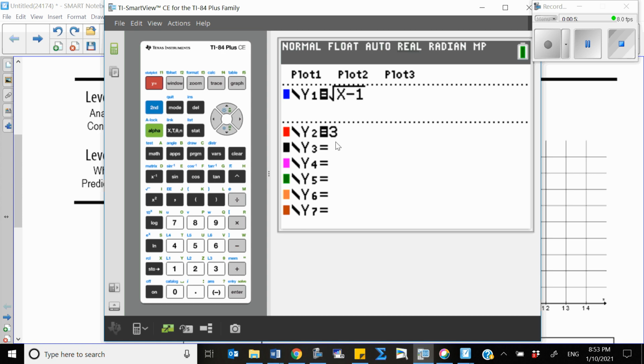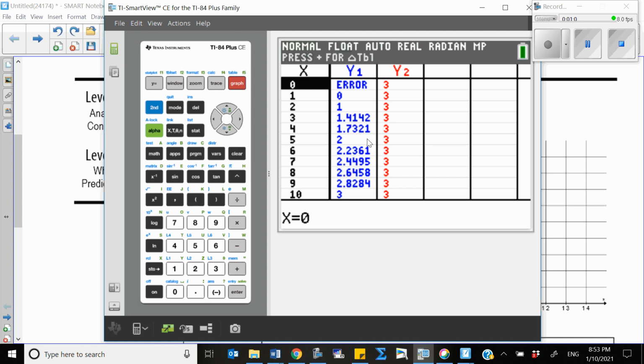In order to solve this with a table, I'm going to use the second graph, which has the table on top of that, and it's going to give me the table. Three columns: one is for x, the next ones are for y1 and y2. So the solution of this equation is the row where, for that x, both y1 and y2 are equal.